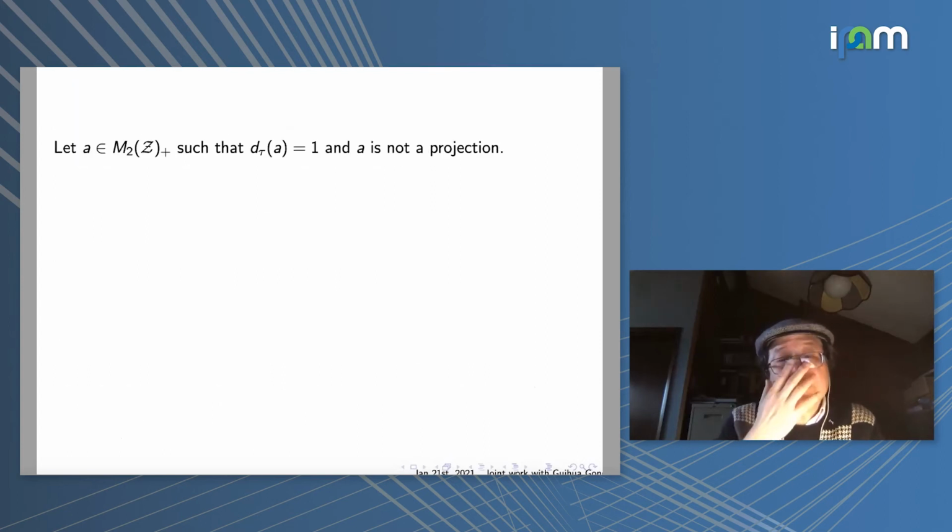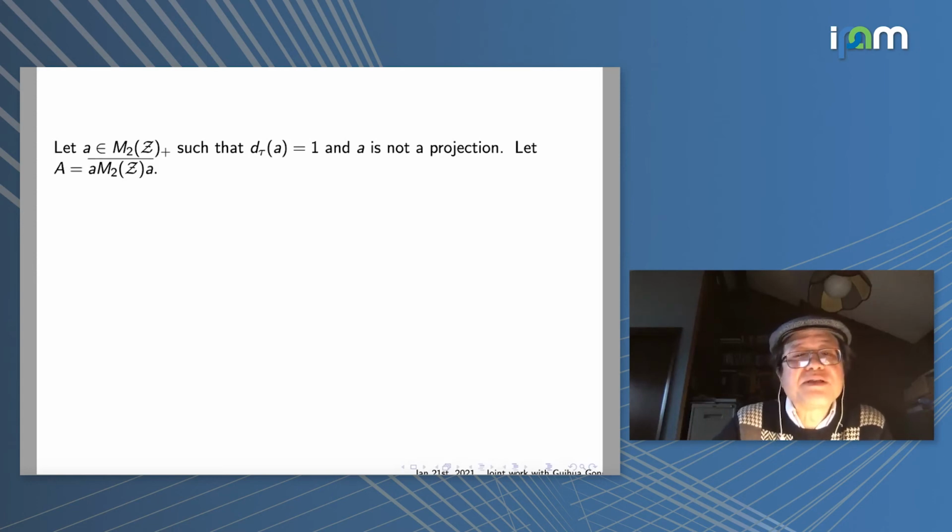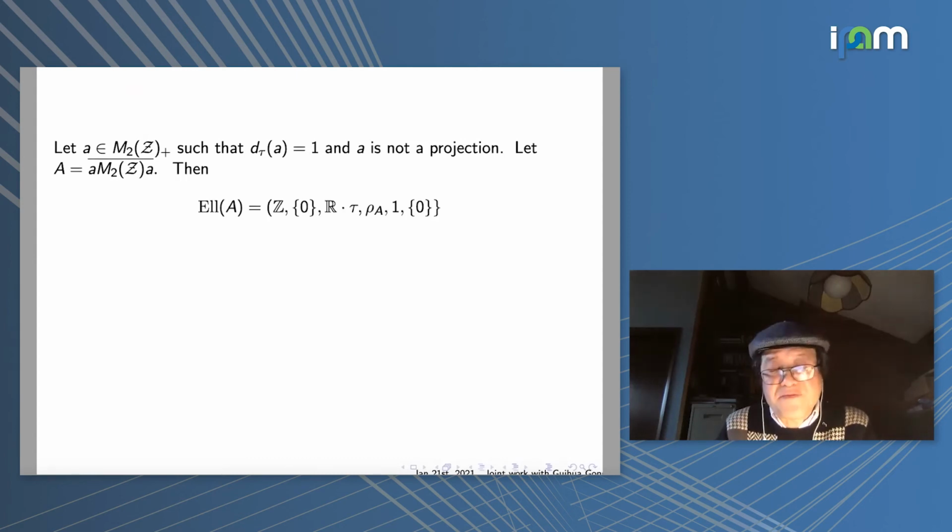Now I'm going to give some examples, even in the stably projectionless case. Let's say you have the Jiang-Su algebra, you take an element with trace 1, which is not a projection, and you cut it down. You get a non-unital simple algebra, and the Elliott invariant is this six-tuple.